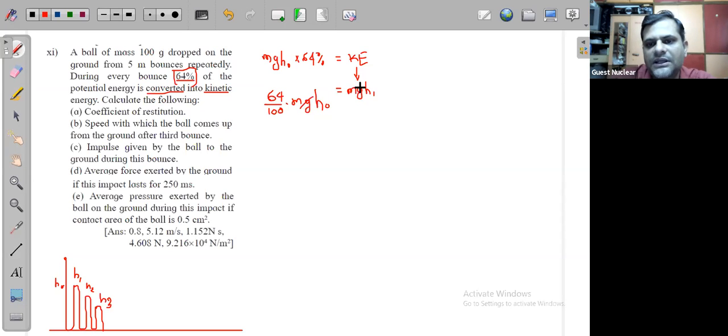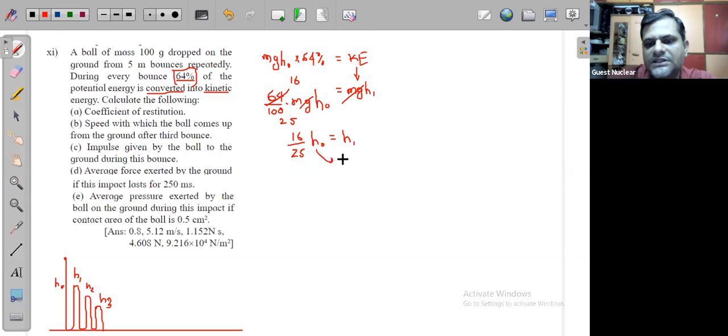So this mg gets cancelled, and what we are left with is simply this, which we can reduce. Reduce by 4, so 64 becomes 16, and here it will be 25. Okay, that means 16 by 25 times h naught is equal to h1.